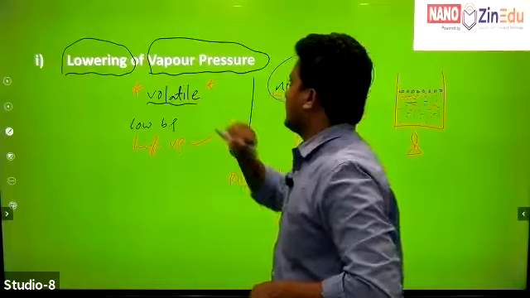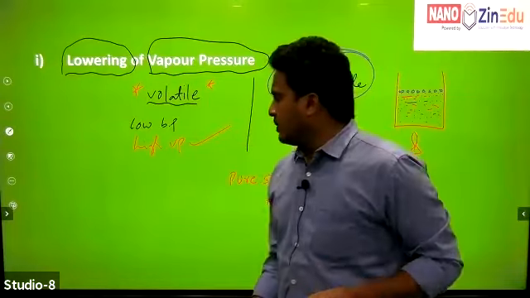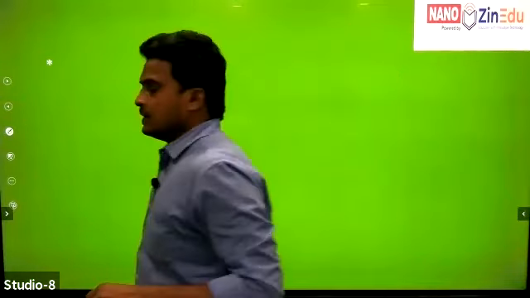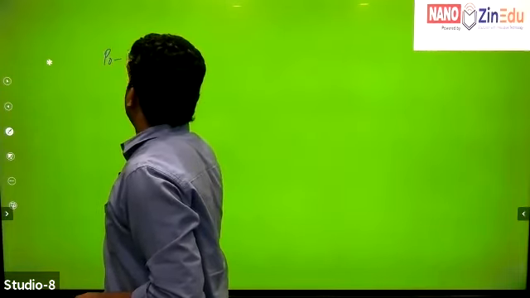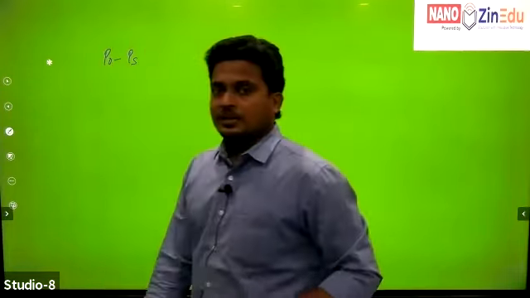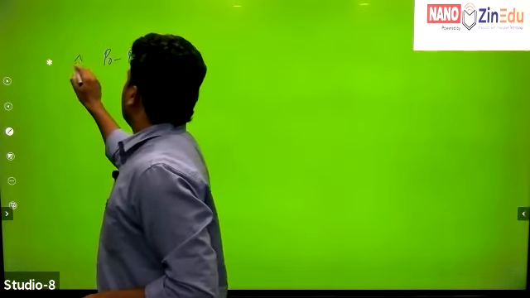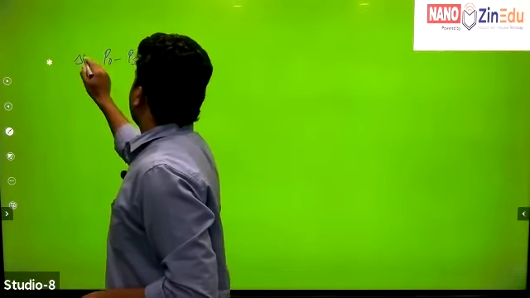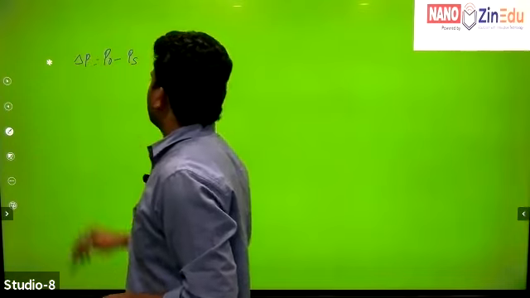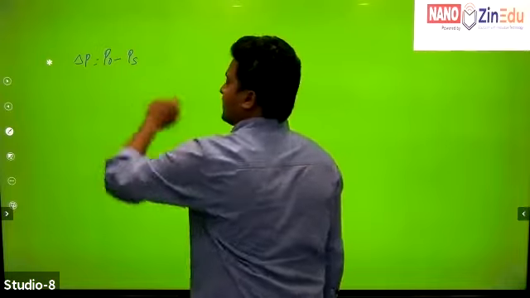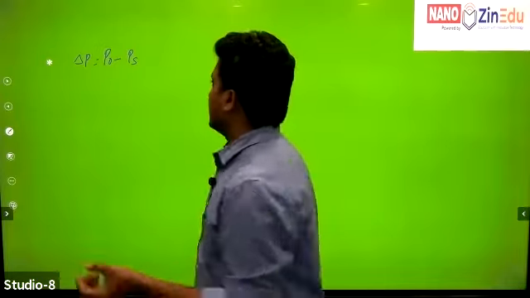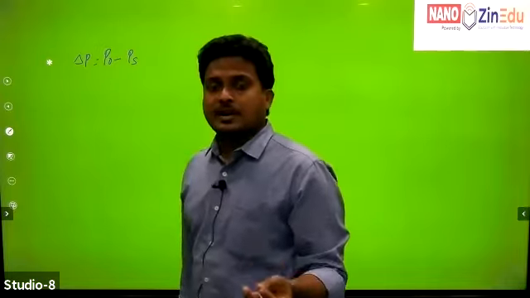Now, lowering of vapor pressure. Lowering of vapor pressure is nothing but decrease in vapor pressure, which is represented by P naught minus Ps. P naught minus Ps is equal to delta P. Delta P is equal to P naught minus Ps, where P naught is the vapor pressure of pure solvent, and Ps is the vapor pressure of the solution.